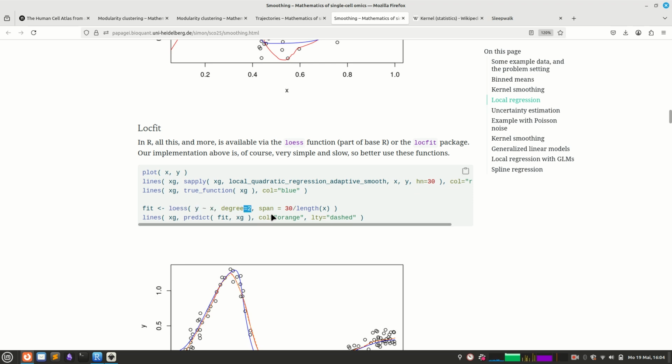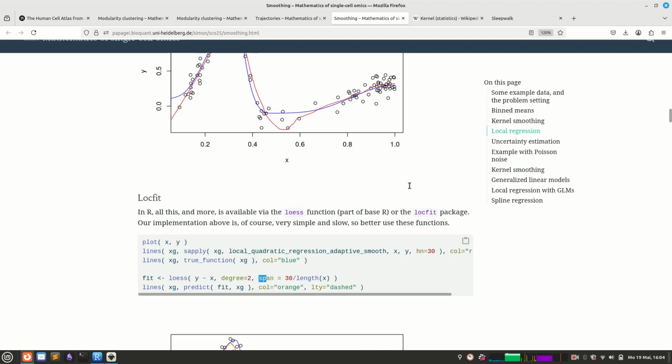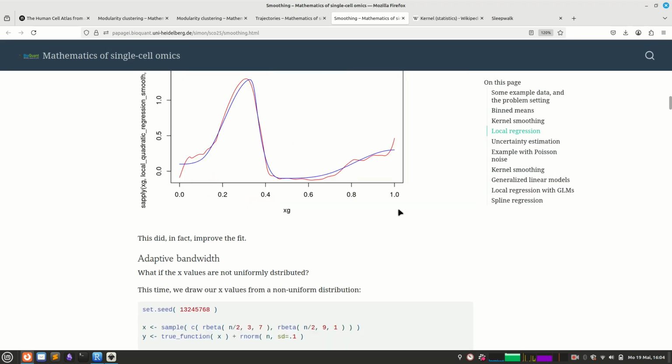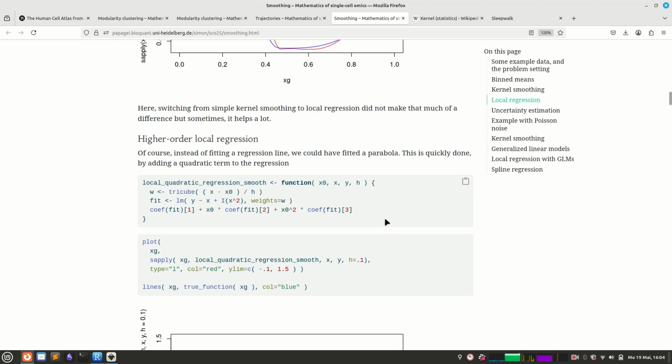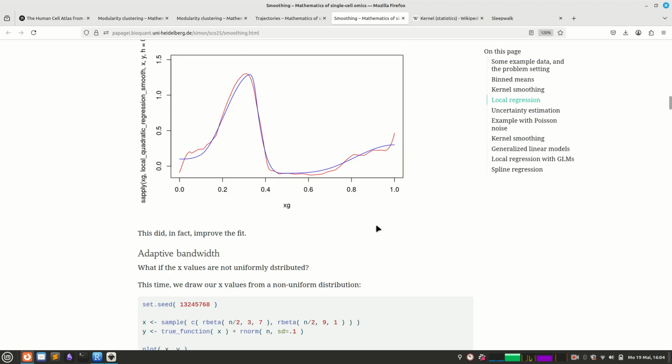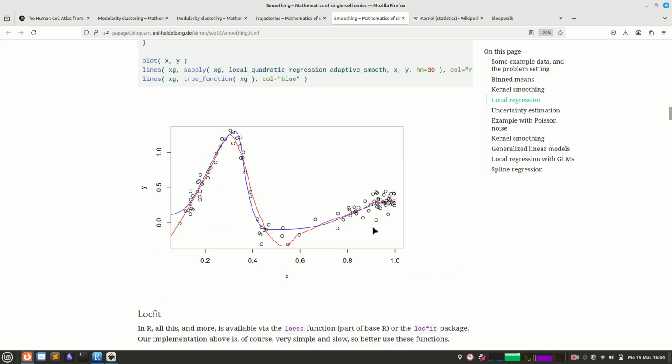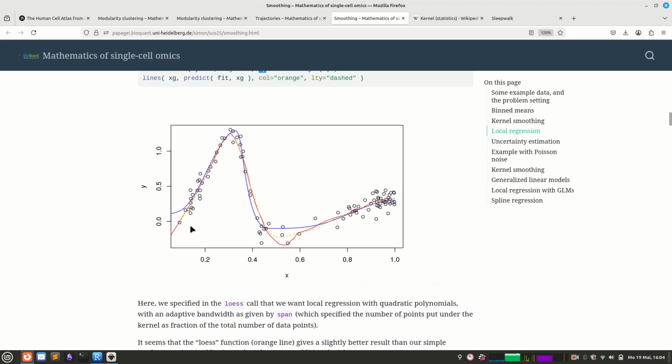I want second degree, so I want parabolas, so a second degree polynomial fitted locally, and the span takes the place of the bandwidth as before. But, hey, I switched over to the adaptive bandwidth already. Sorry. As you can see, the loess function gives you slightly different values as a red one.